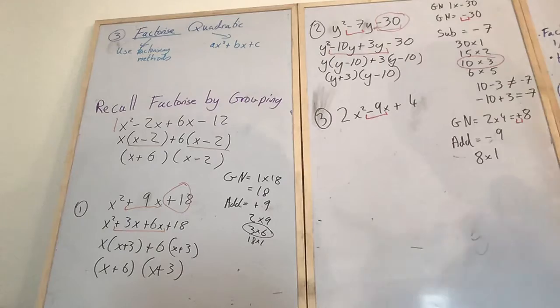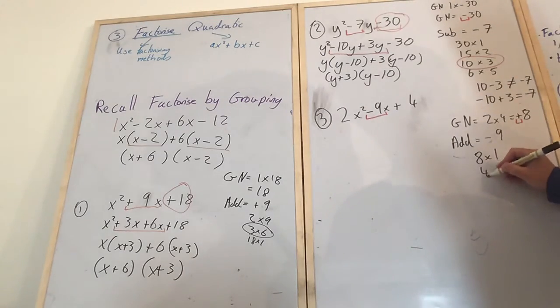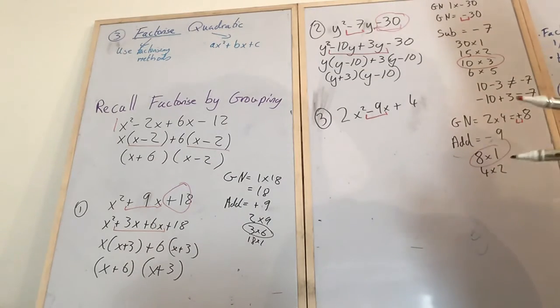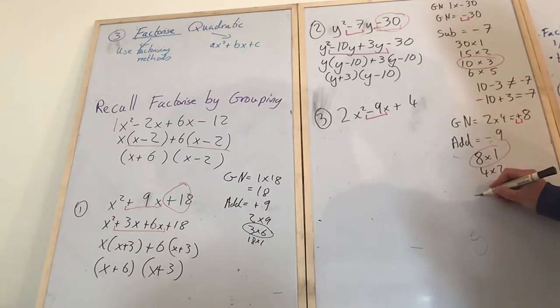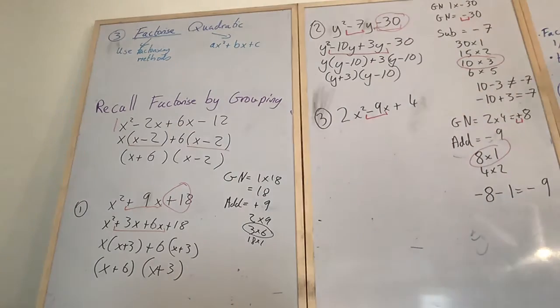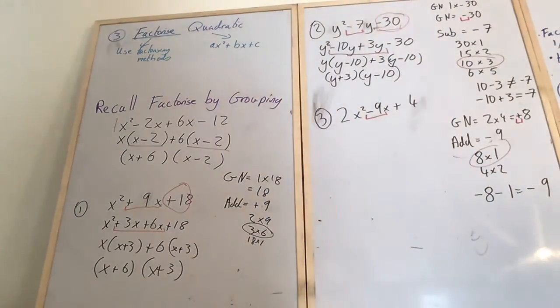So our factors 8 and 1, 4 times 2. 8 and 1 is 9, excellent. 4 and 2 is 6. So we will be using 8 and 1. But before we do, it won't be plus 8 plus 1, it'll be negative 8, negative 1. It's negative 9. Those two numbers are like signs, so it's a negative and a negative. They add to give minus 9.